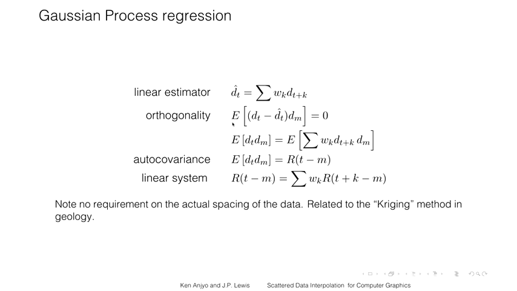Now, next step is to introduce the orthogonality principle. So this is a generalization of the following idea, that imagine a table and imagine a point in space above that table. Now, what is the closest point on the table to that point in space?